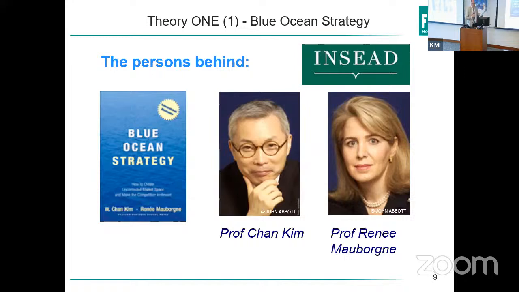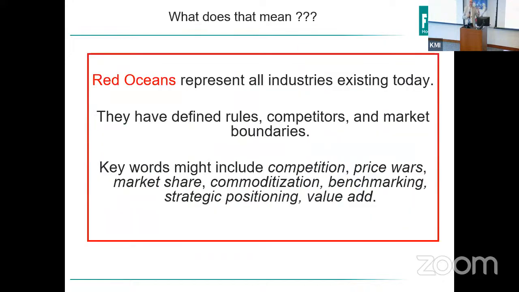One thing I like, from around the year 2000, was done by 2 professors from INSEAD, Professor Chan Kim and Professor Renée Mauborgne, and they wrote the book, Blue Ocean Strategy. The idea at that time was that we have red oceans. That is the old economy.